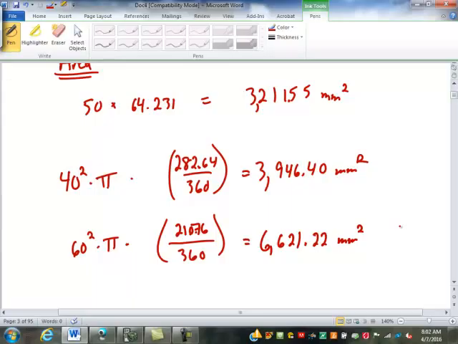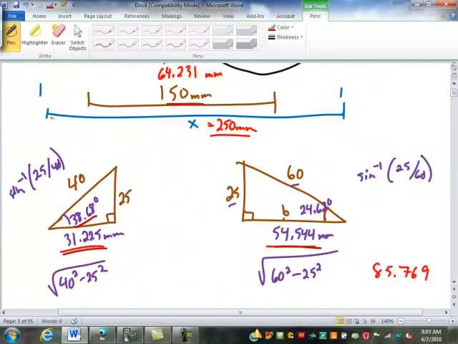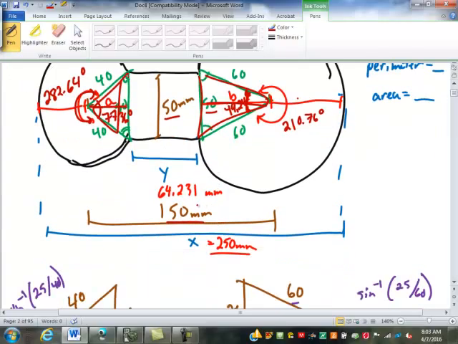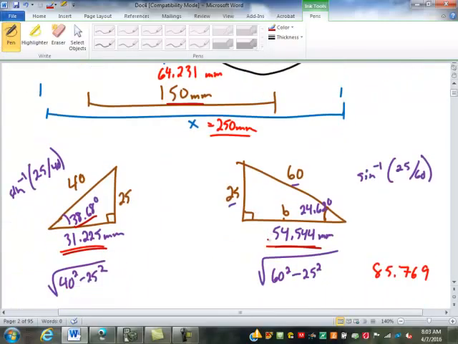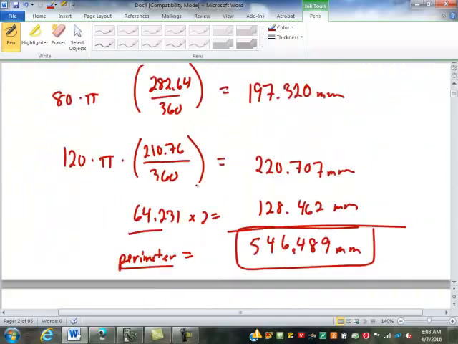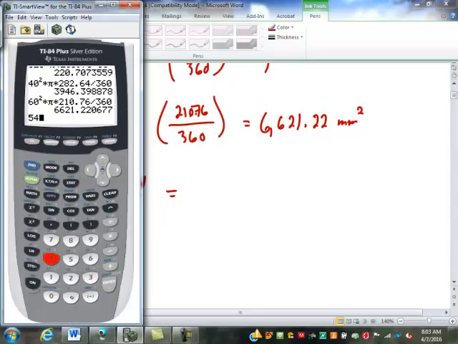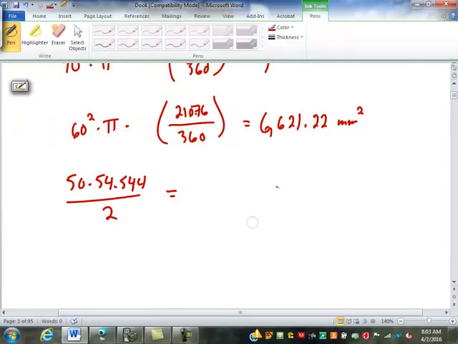Now I'm not done yet. I still need these triangles here. This one's going to be 50 times 54.544 over 2, which should give us 1363.6.